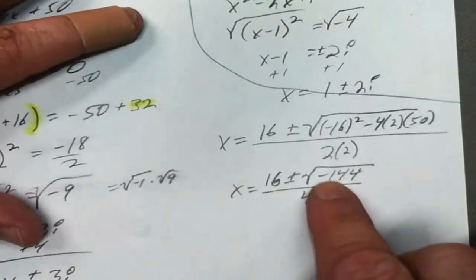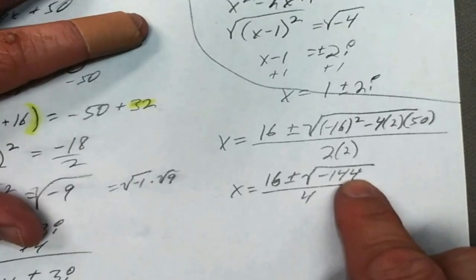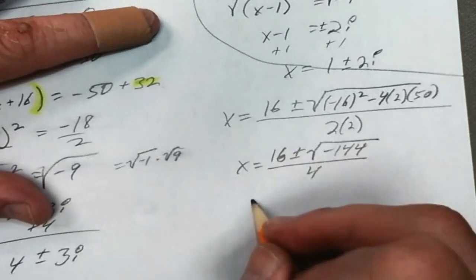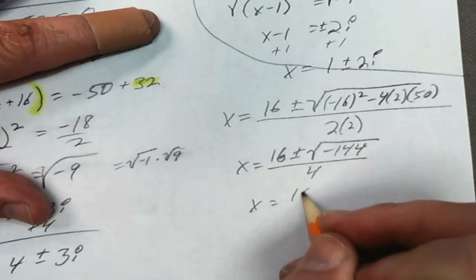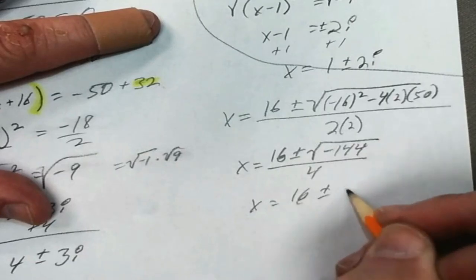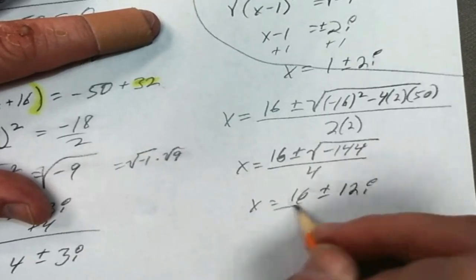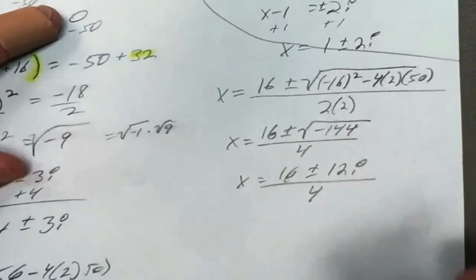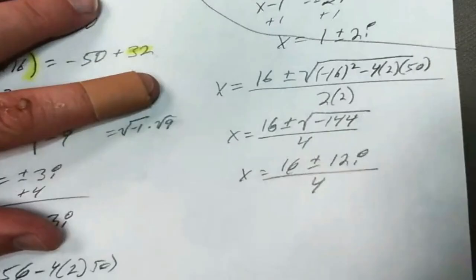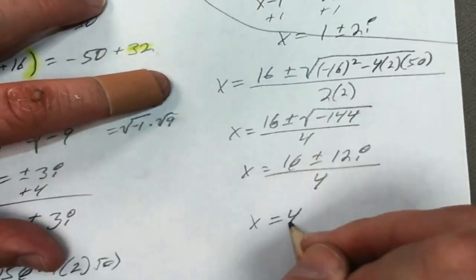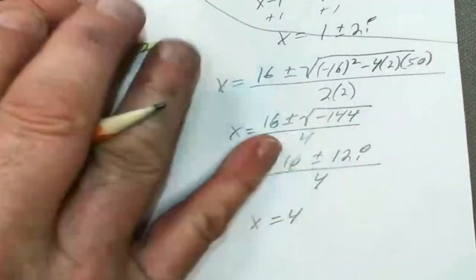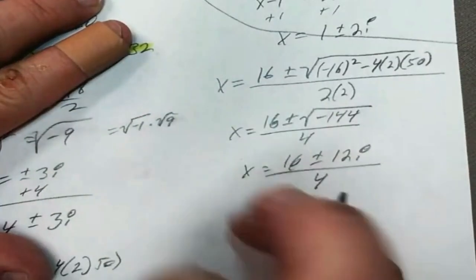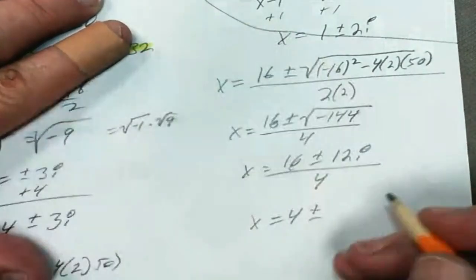Because that's negative 1 times 144, square root of both of those. So this is 16 plus or minus 12i over 4. Well, again, if we split these, 16 over 4 equals 4, and plus or minus 12i over 4 is just 3i.